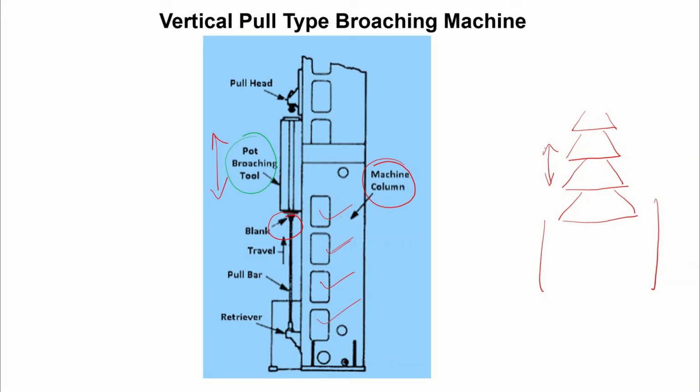You can see a pull head, which helps to pull the broaching tool in this particular direction. So this is all about horizontal and vertical broaching machine, and when a question comes in the exam, you need to draw this particular figure and explain.